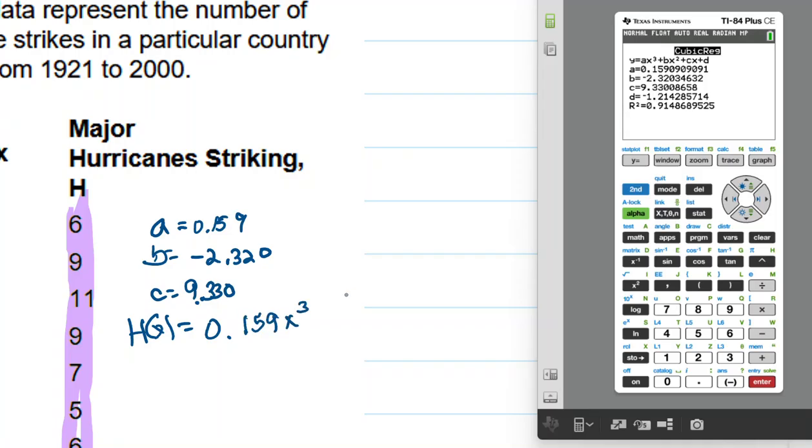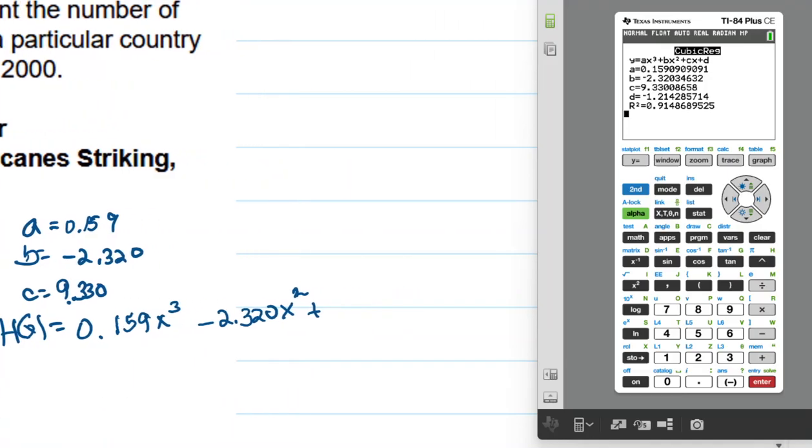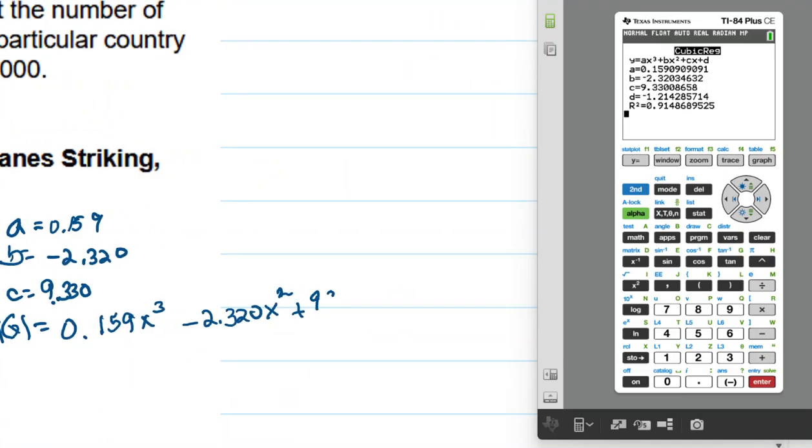x cubed minus 2.320 x squared. Oh, I forgot the d, but I'll get it. And this is plus 9.330 x, and our d here is minus 0.214.